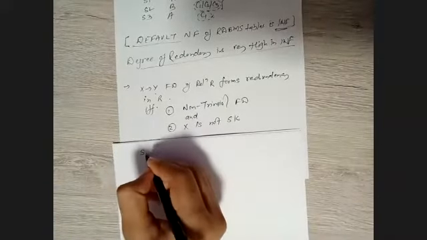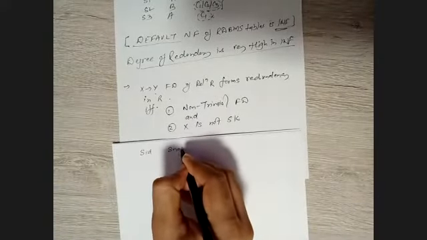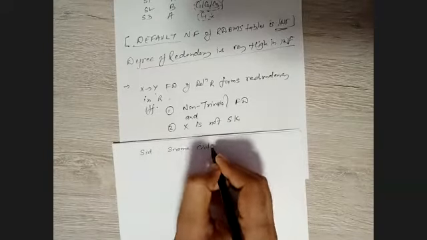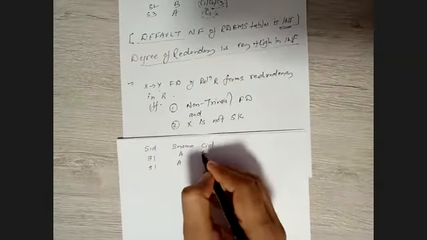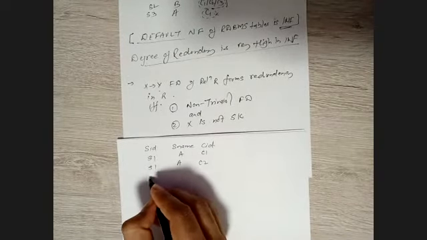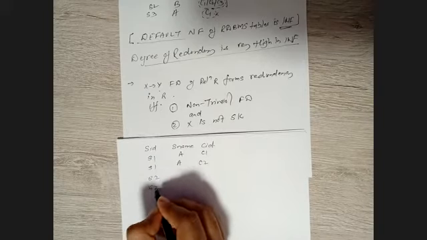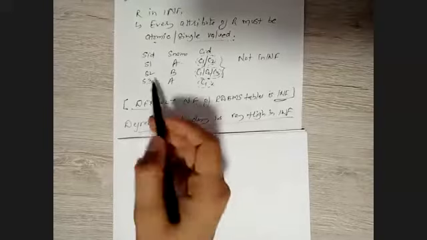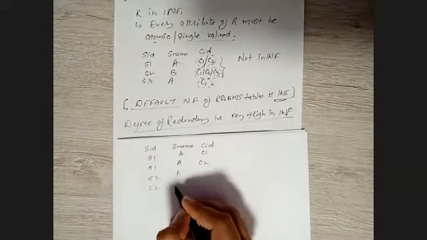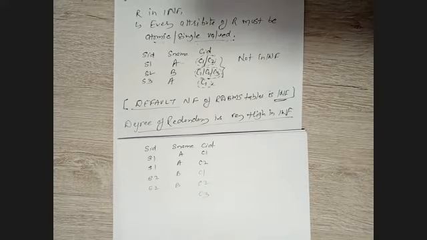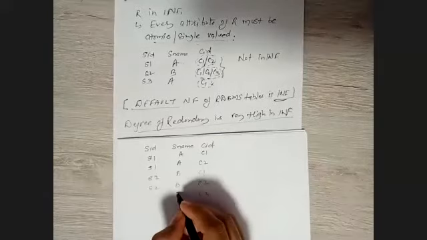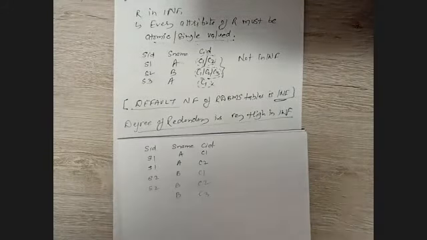Say SID, S name, and CID. For S2, that is for B, I have C1, C2, and C3.